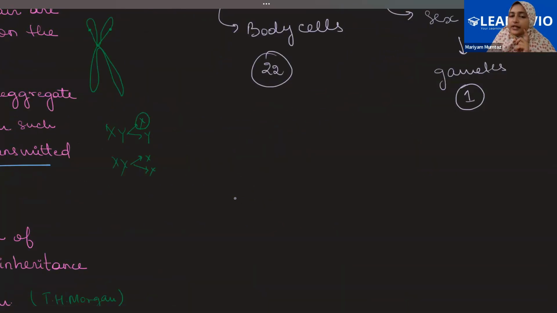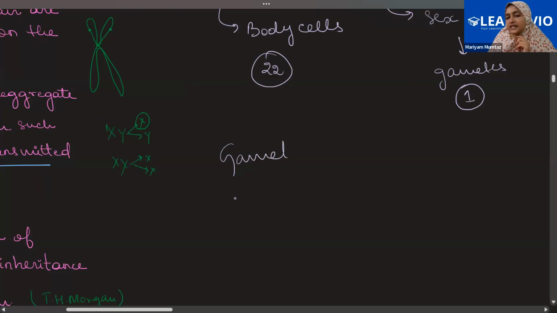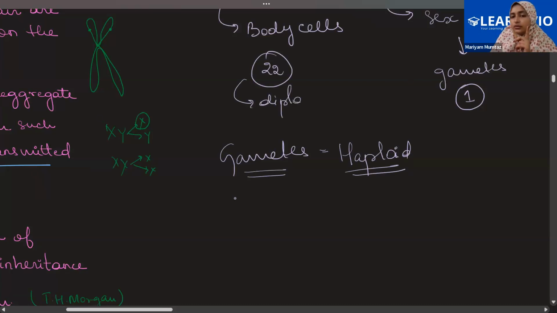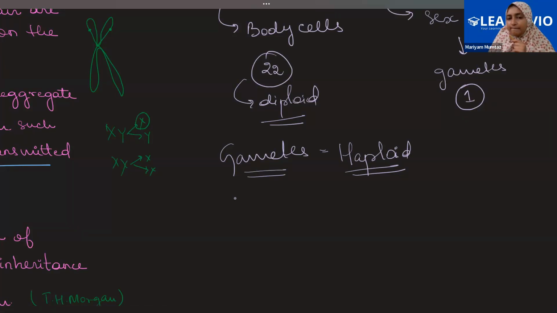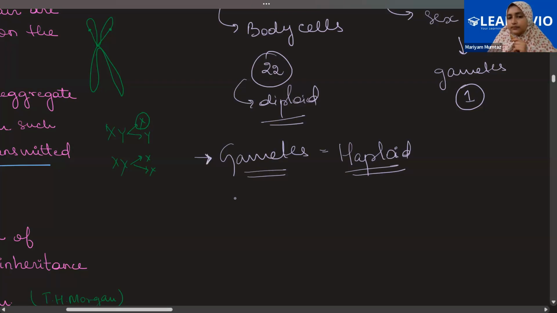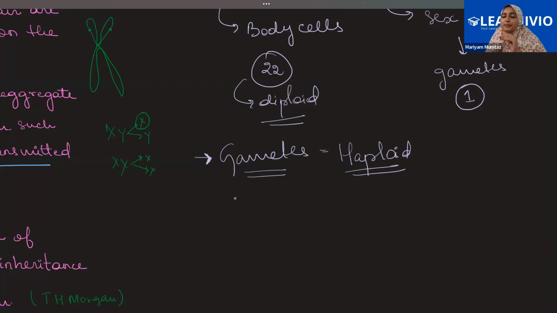We know that, what is the ploidy of gametes? Gametes are haploid or diploid? Haploid. Very good. The gametes are haploid. Always remember that the gametes are haploid and the body cells are diploid, meaning 2N. Now when gamete formation takes place, if you remember the human reproduction chapter, in the gametogenesis part that we were studying, we saw that the gametes will always be haploid.